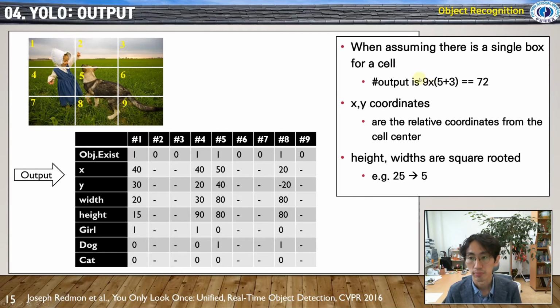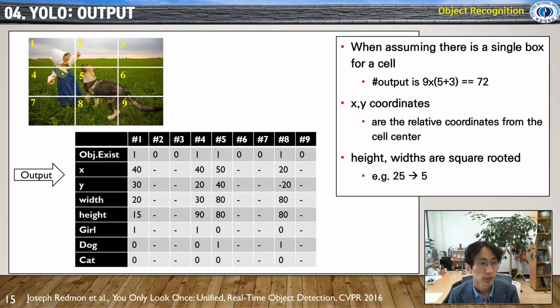So 9 cells, 9 boxes, and for one box we have 8 pieces of information. 5 are necessary, and the other 3 are the class information. Here, the XY coordinates are relative coordinates from the center of each cell. And the height and width are square roots.